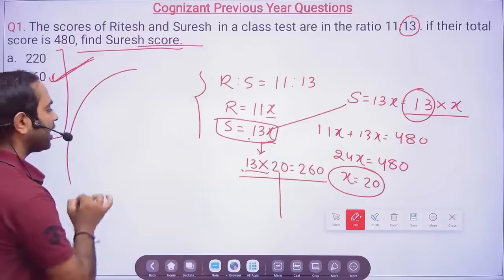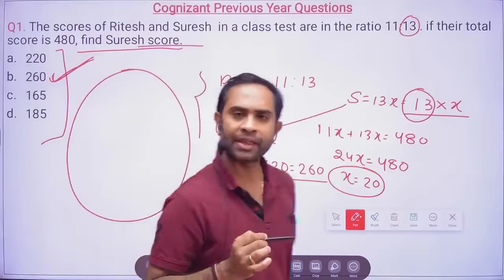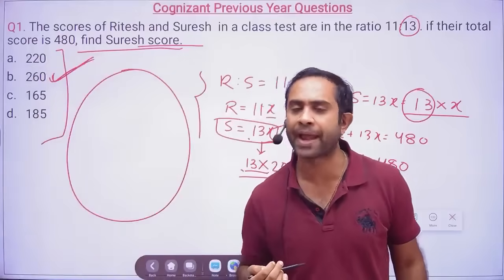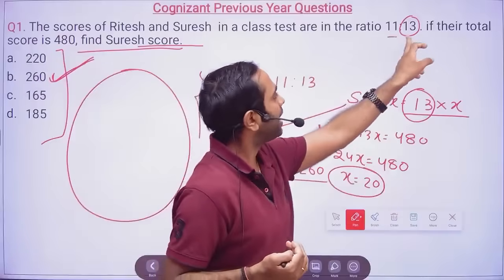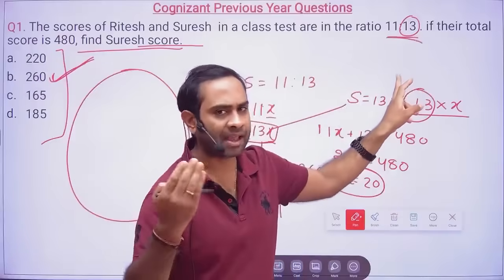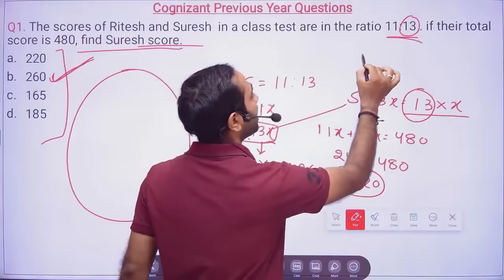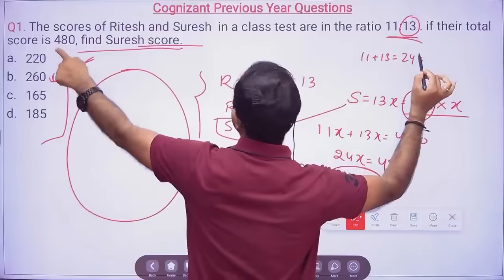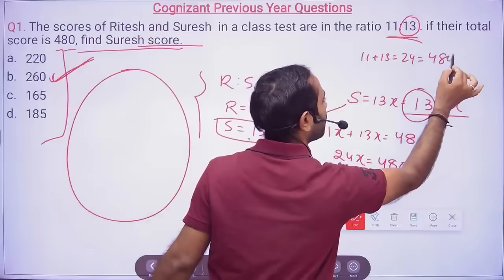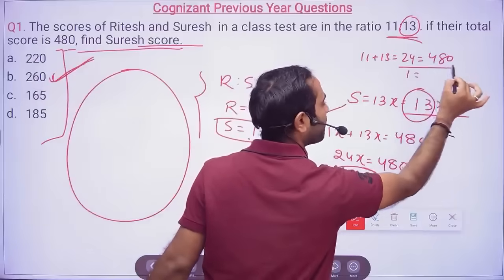Sir, what if there are two options which are divisible by 13? Very good question. Now you see, 11:13. So 11 plus 13 will be what? Sir, 11 plus 13 is nothing but 24. And the total marks they have given is 480. So 24 units is equal to 480.